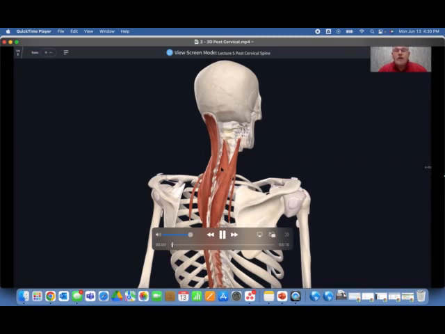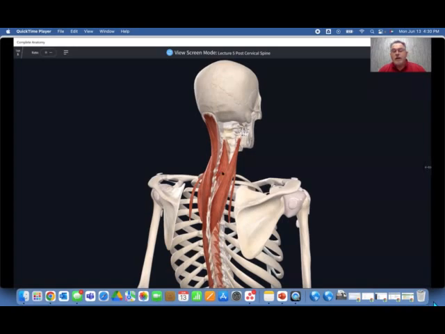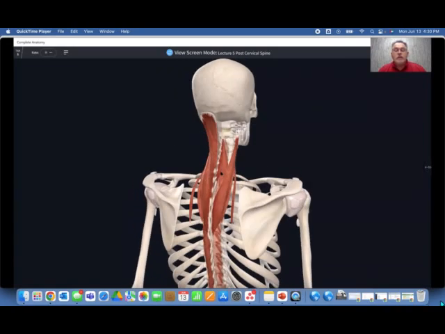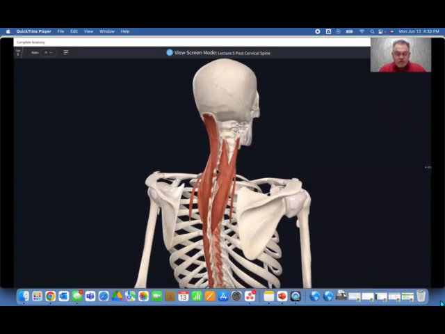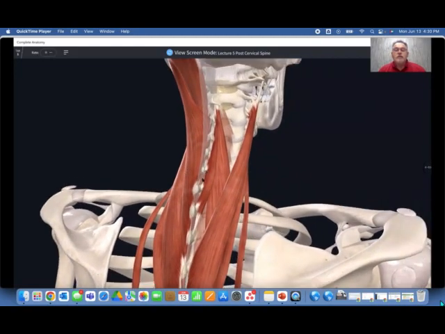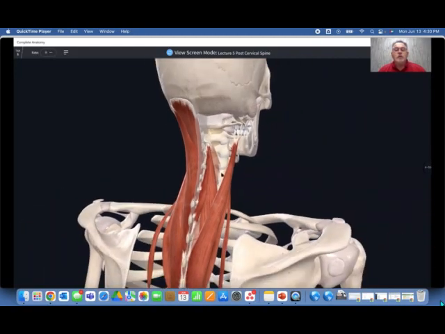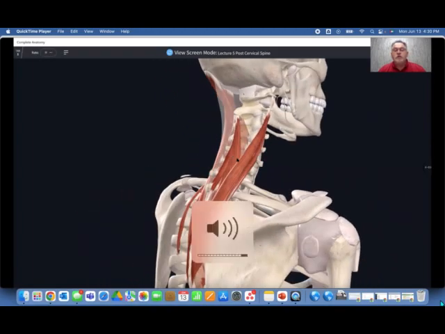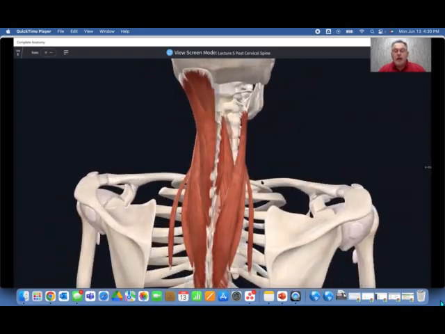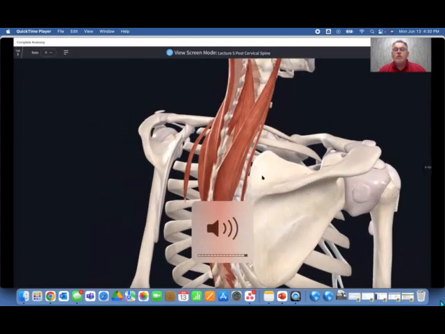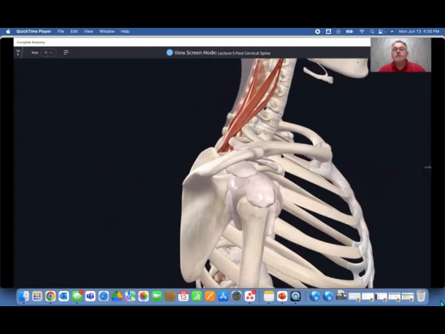So let's look at the three-dimensional anatomy of the posterior cervical spine. Now, in the earlier lectures, in the introductory information, I think it was lecture 2, we talked about most of the three-dimensional structures in the posterior cervical spine. What we did not include were some structures here on the lateral.